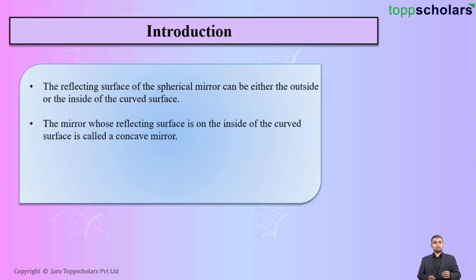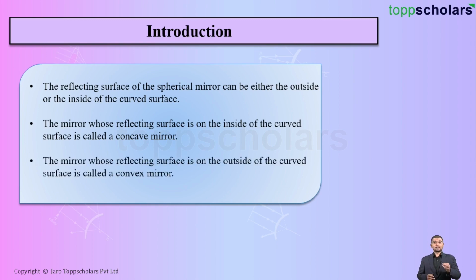Students, the mirror whose reflecting surface is on the inside of the curved surface is called a concave mirror. On the other hand, if the reflecting surface is on the outside of the curved surface, it is called a convex mirror.